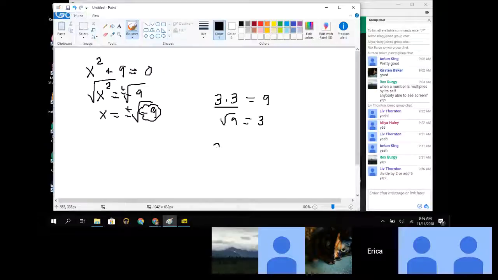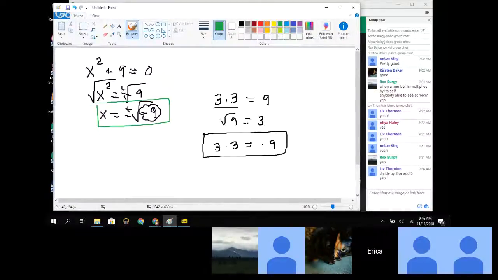What two versions of 3 multiply to negative 9? Well, negative 3 and positive 3, but you can't. Whenever you square a number, if it's positive or negative, you're always going to end up with a positive, because you're multiplying two negatives or two positives together. So in the real number world, we can't ever take the square root of a negative number, okay?